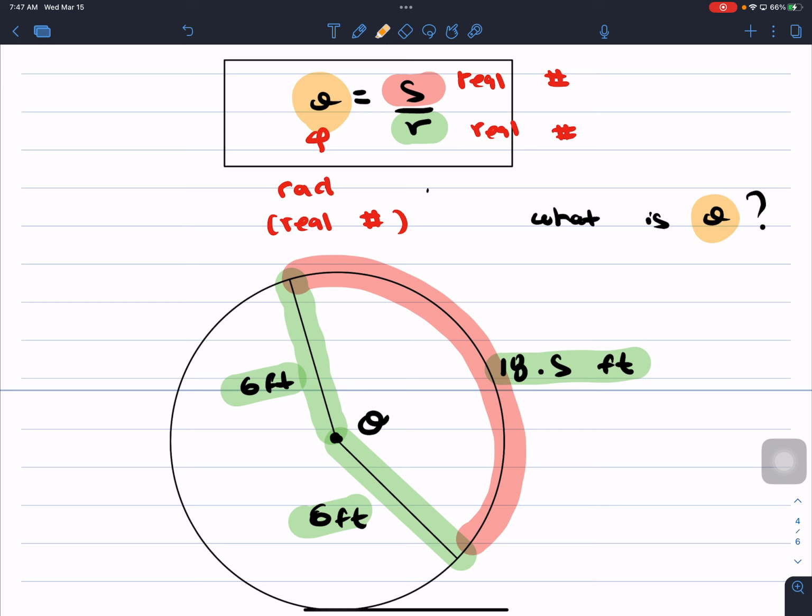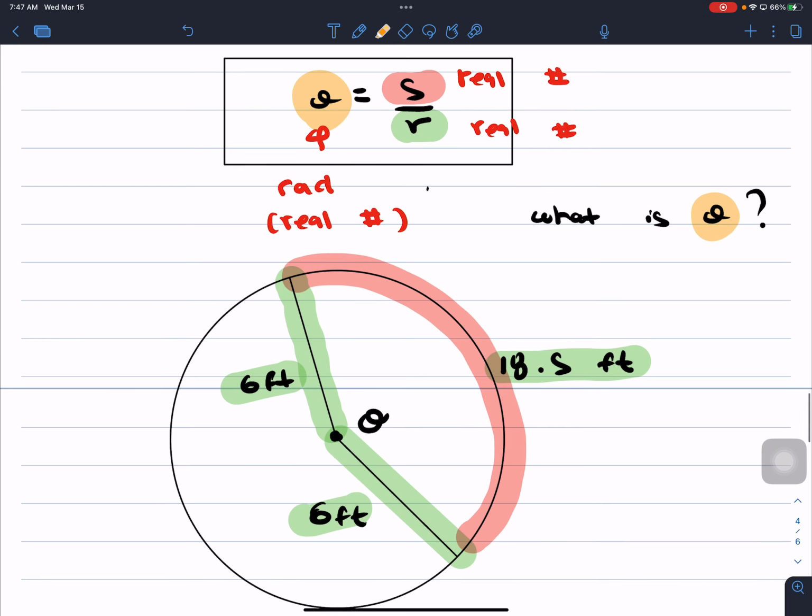So, how would you guys find theta? What would you do? Right?